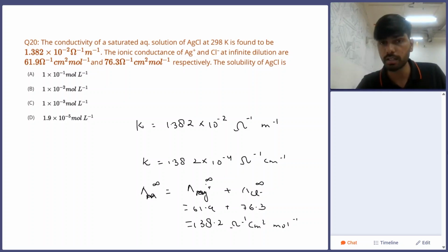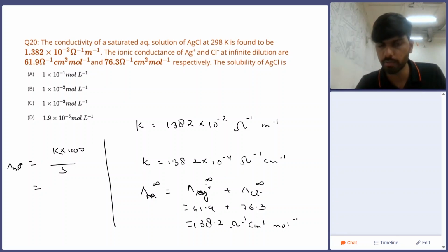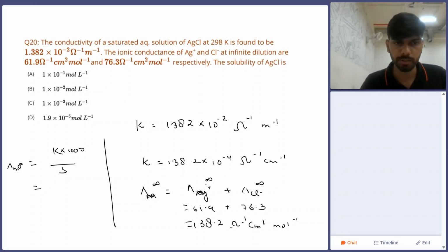Now further, molar conductivity is kappa into 1000 upon S. The kappa value is already given, and the molar conductivity at infinite dilution we got. So the S value, solubility, is going to be kappa into 1000 upon this.